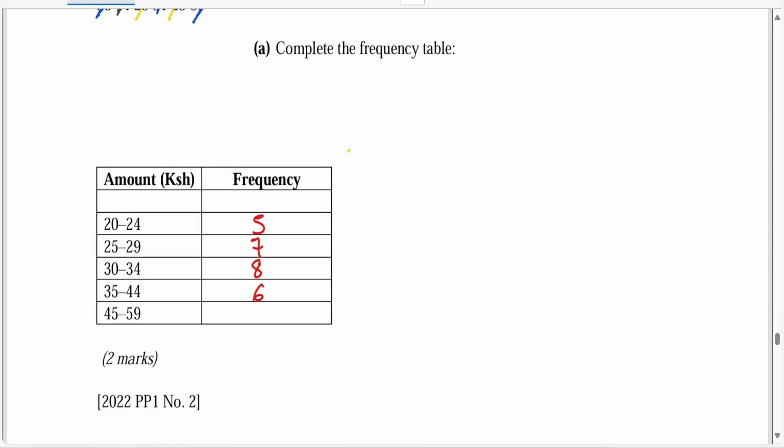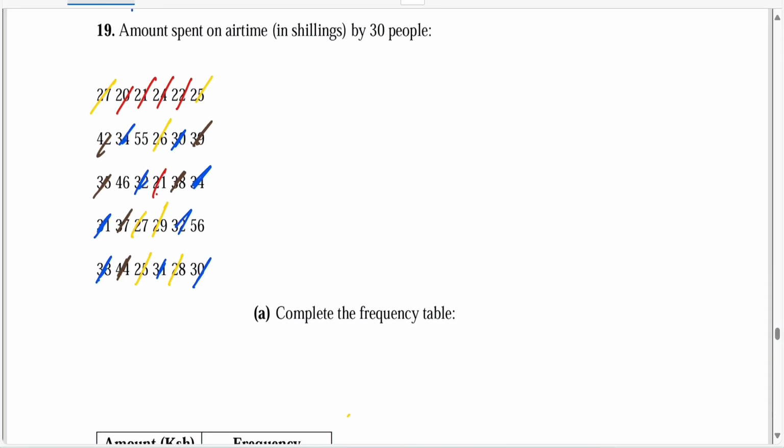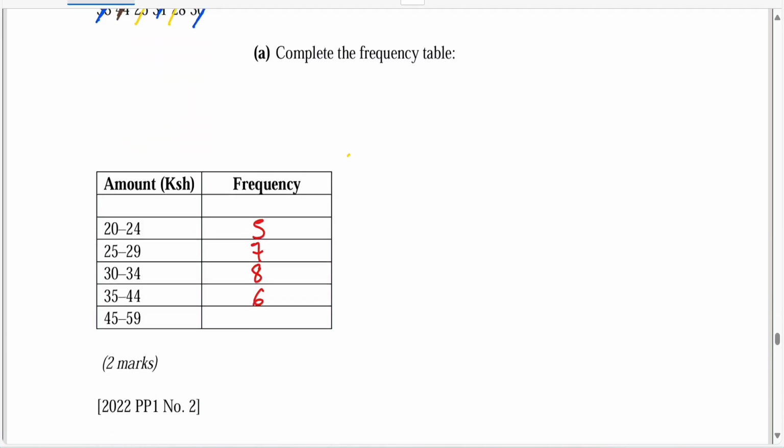And 45 to 59. So let's just use this pen. So we have 45 to 59. If I'm correct here, 45 to 59, which is this 1 2 3 only. So we just have 3, and I think that's all.